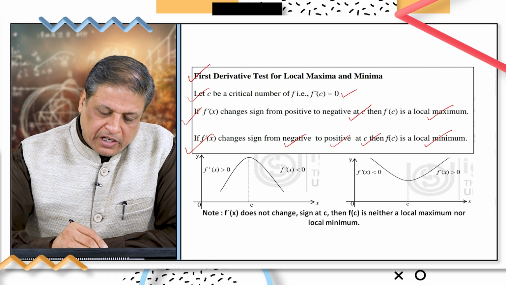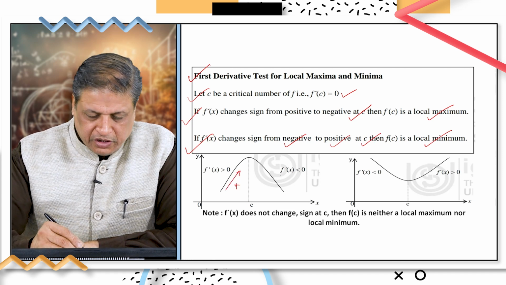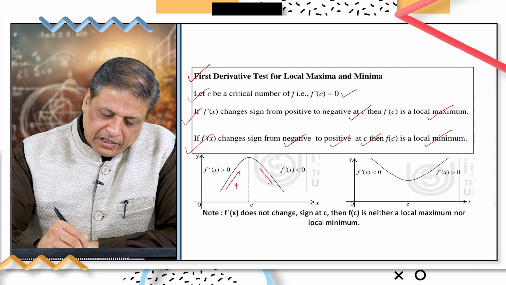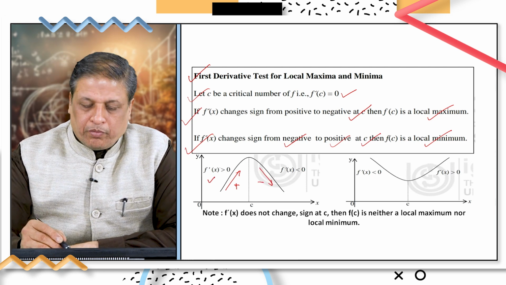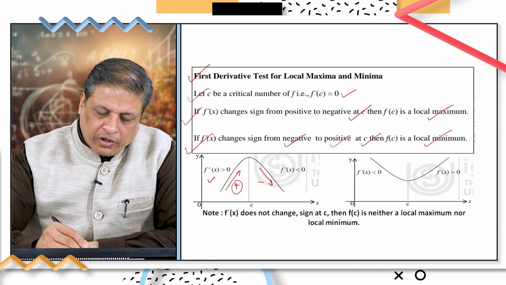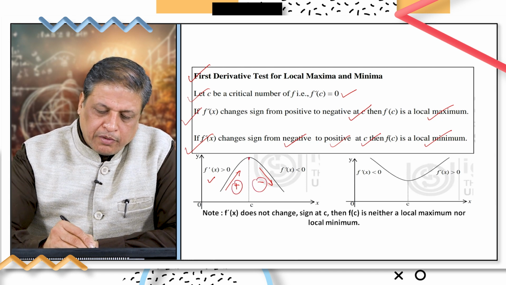In this case the slope is rising, so there is a positive slope. Here it is decreasing, the slope is negative. So, the derivative is changing the sign from positive to negative, and that is why there is a maximum.